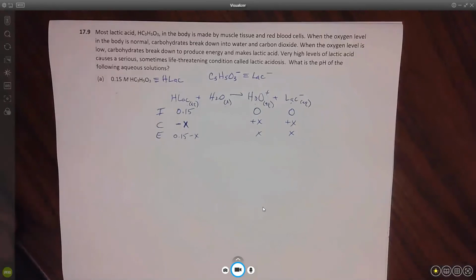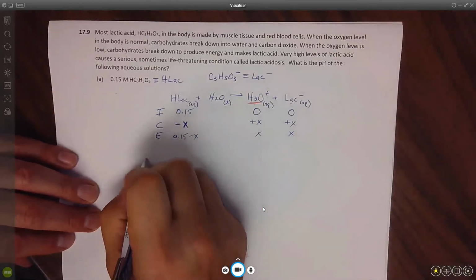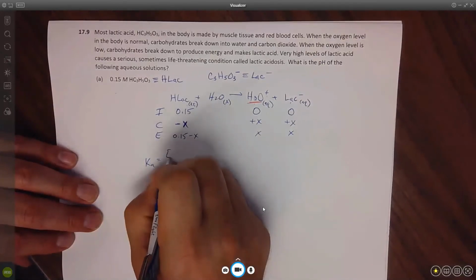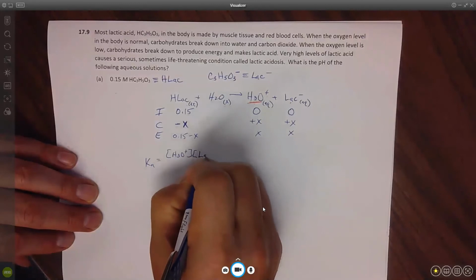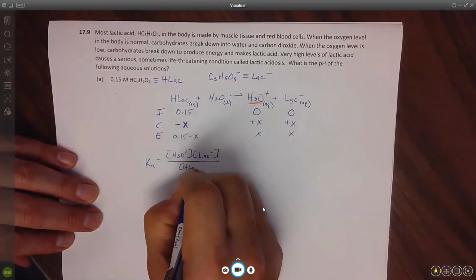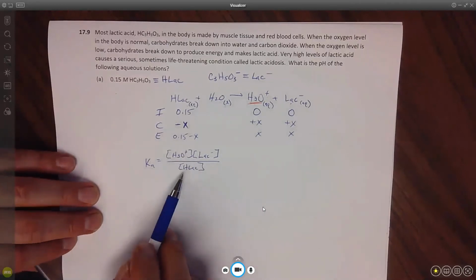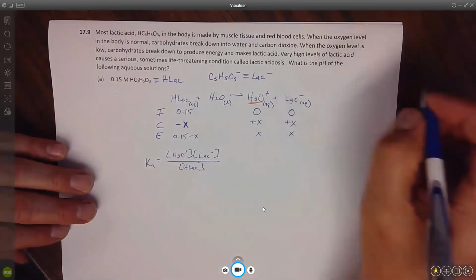Ka. Yeah, right. We're increasing the hydronium ion concentration, so this is going to be Ka is equal to the concentration of our products, each raised to the coefficient in the balanced chemical equation. In this case, they're all 1s, divided by the concentration of our reactants. Okay, what about the value of Ka? It's in the tables of chemical data.